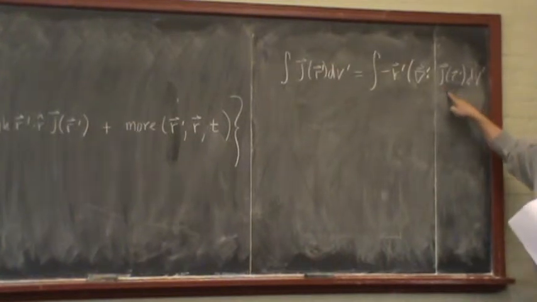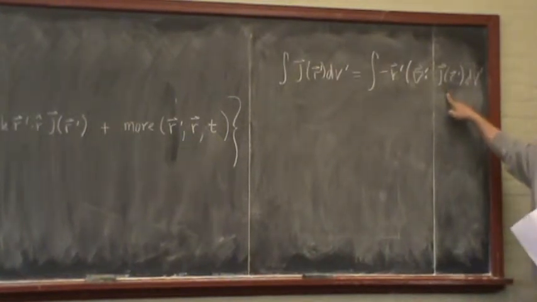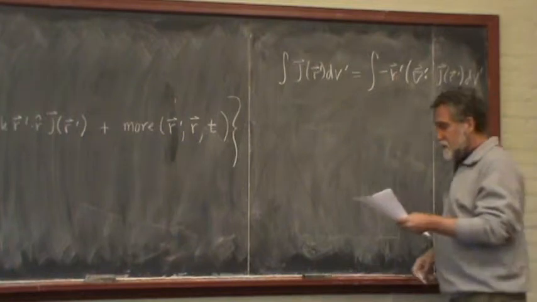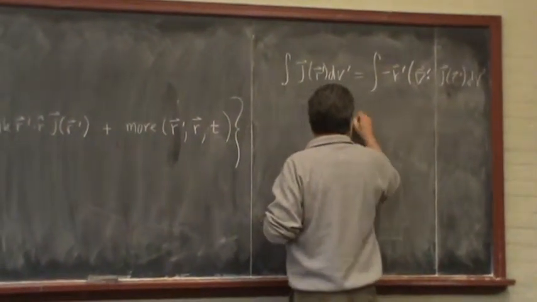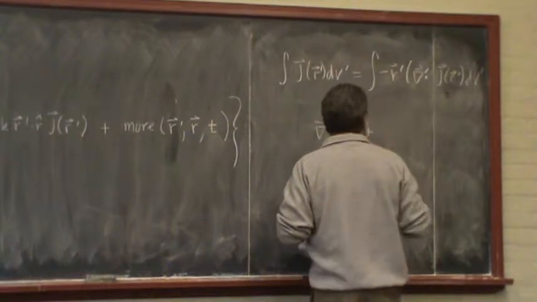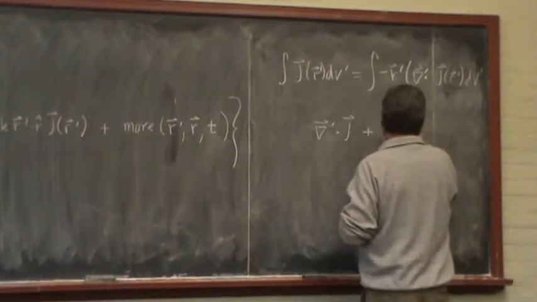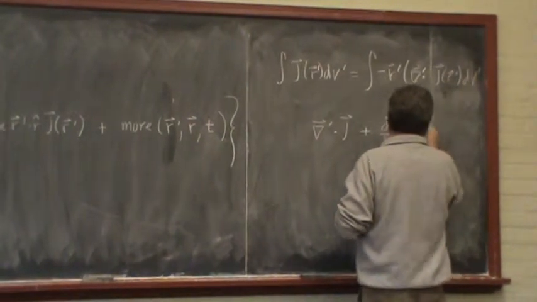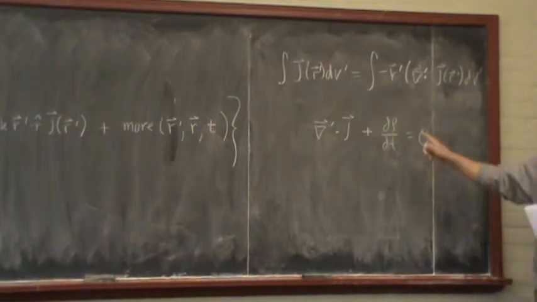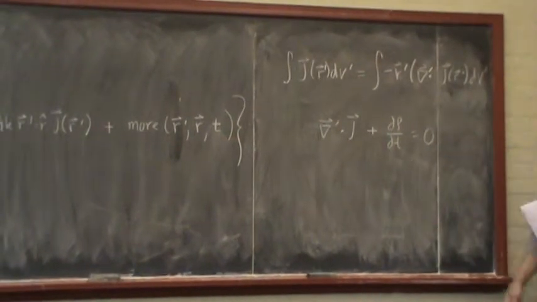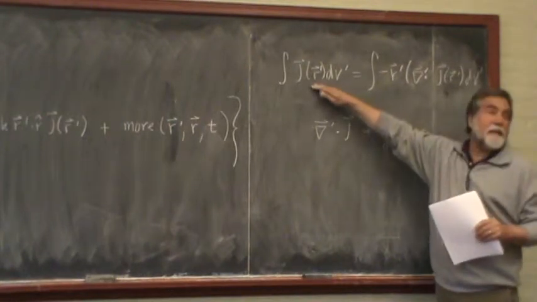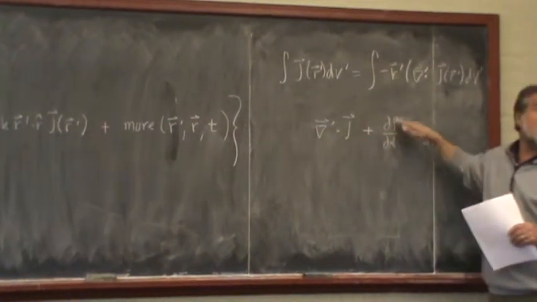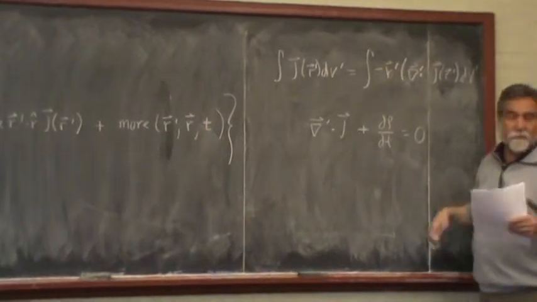Well, we bothered doing this because this allows us to use the continuity equation, which is that divergence of j plus d rho dt must be equal to 0. That's the total charge in the system. So it allows us to take this j in here and turn it into a rate of flow of charge.